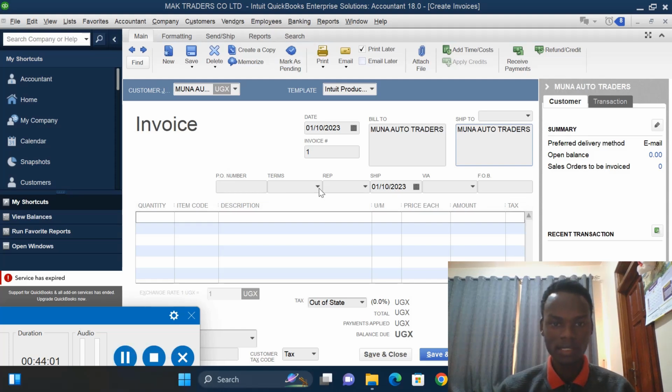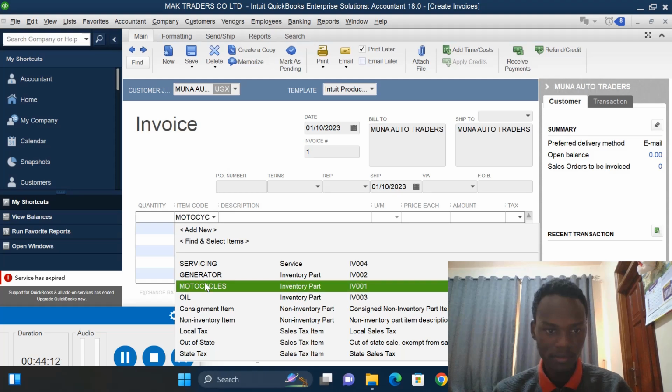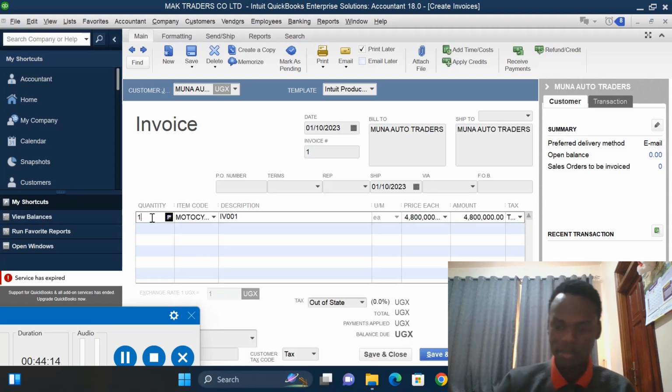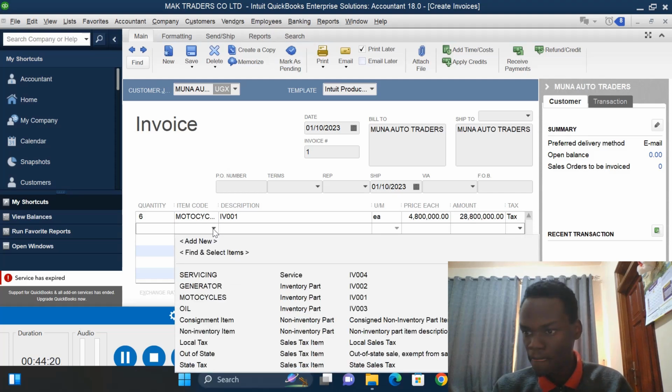The items here, we have motorcycles. There are 6. Then we have generators.